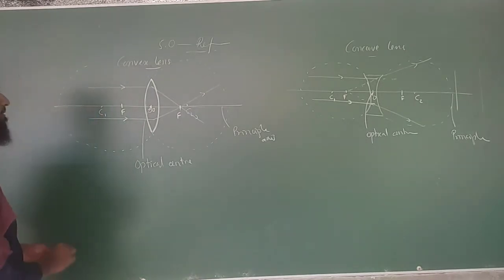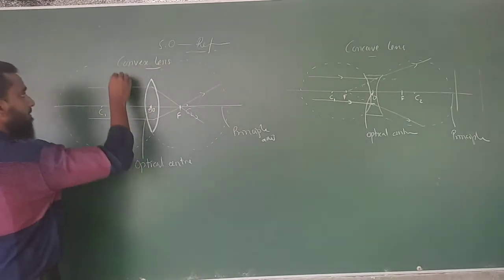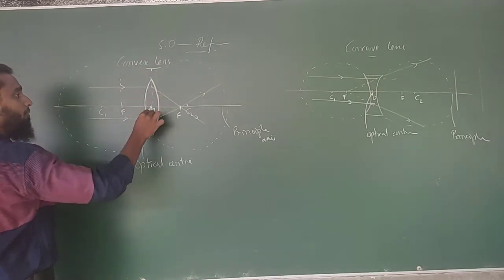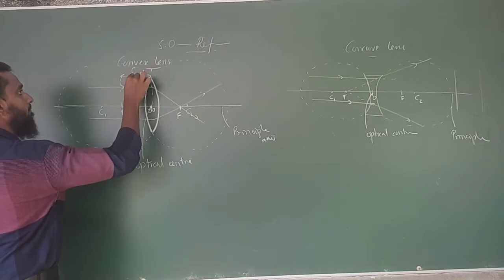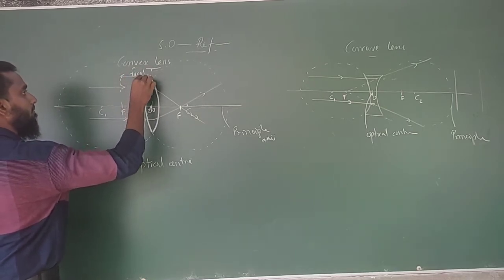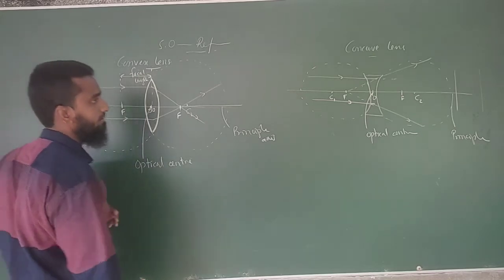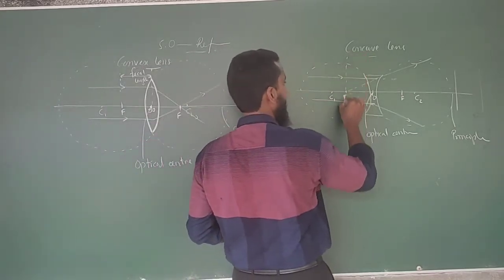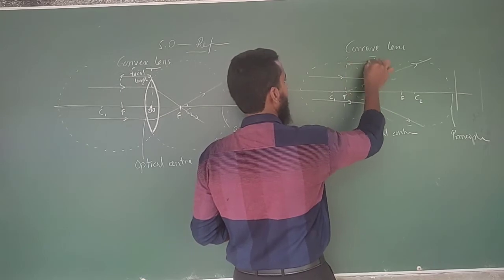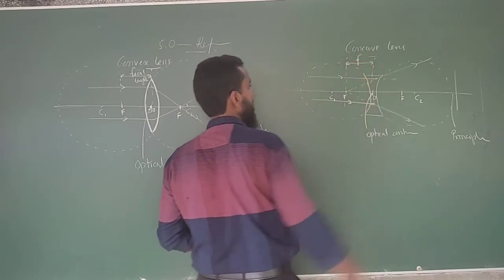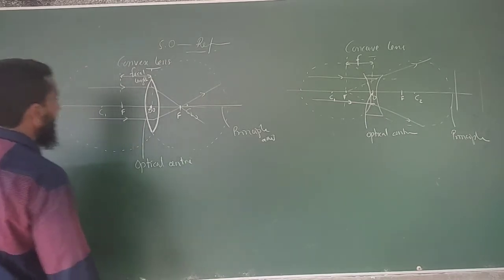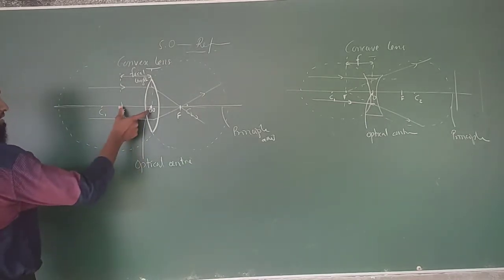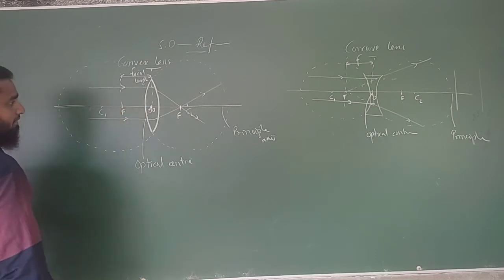Here we are considering the length between the optical center and the focus, which is the focal length, symbolized by simple f. In the same way, we can consider a distance which is double the focal length.